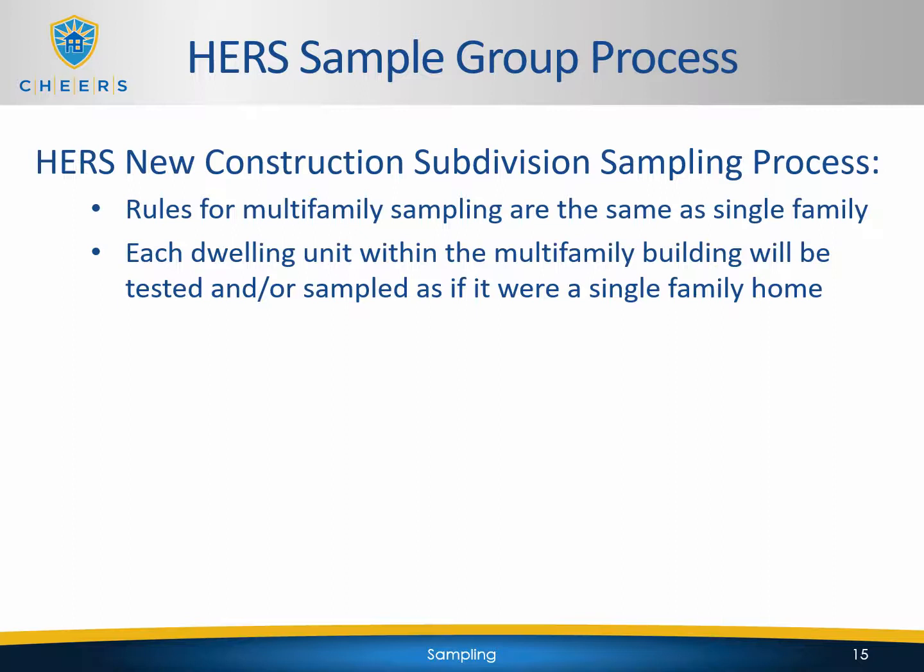So each dwelling unit within the multifamily building will be tested and/or sampled as if it were a single family home, and this includes the model testing. When they design these buildings, the dwelling units within the building have different floor plans or models, and so you're going to test each of those individually initially to make sure that everything works fine, and then from there you're going to move forward with your sample group testing.